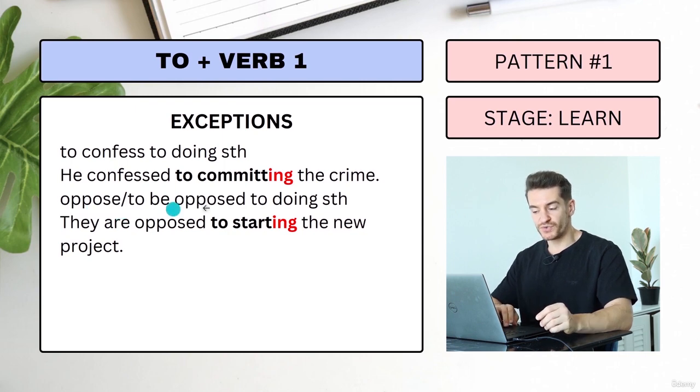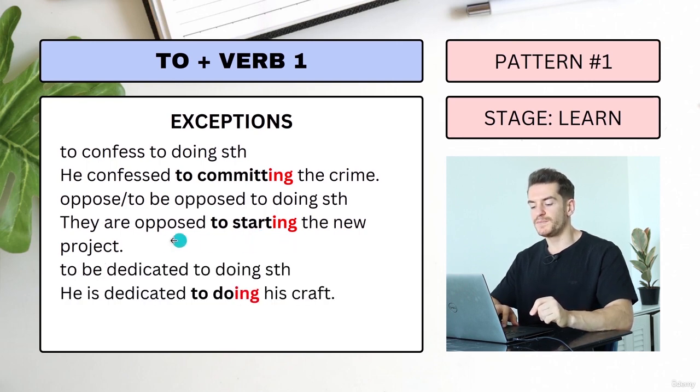So when we use this structure, we have to use to plus verb ing again. So an example, they are opposed to starting the new project. We don't say they are opposed to start the new project. No, that's incorrect. When we have the word opposed and to, we need verb ing.